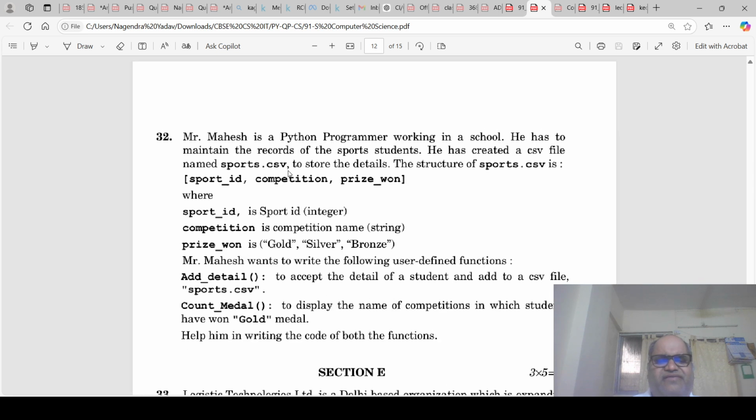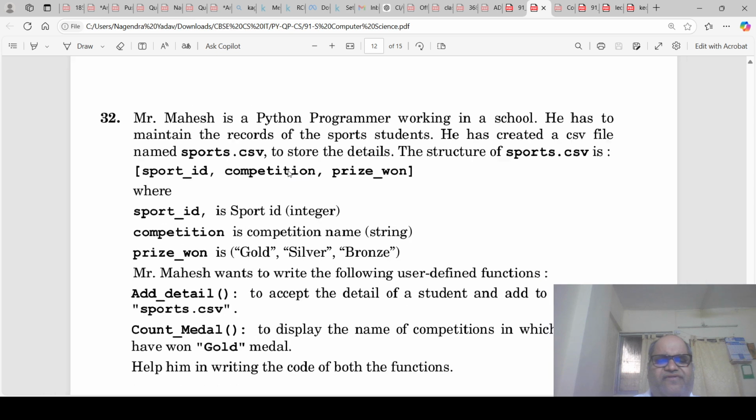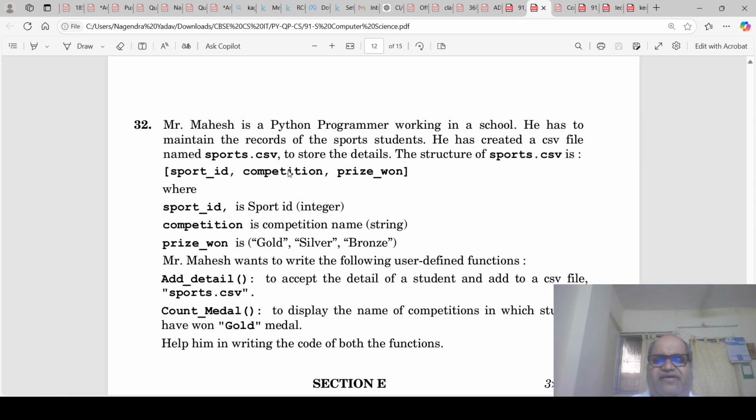Mr. Mahesh, a Python programmer working in a school, has to maintain the record of sports students. He has created a CSV file named sports.csv to store the details. The structure of sports.csv is sport ID, competition, and prize on, where sport ID is some numeric identifier, competition is the name of the competition, and prize on is one of gold, silver, or bronze.